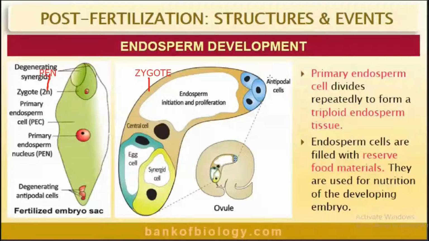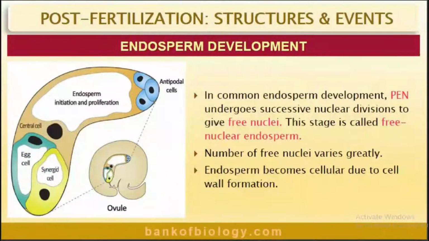Next is development of the endosperm. Primary endosperm cell divides repeatedly to form triploid endosperm. Endosperm cells are filled with reserve food materials for the zygote. In common endosperm development, the primary endosperm nucleus undergoes successive nuclear divisions to give free nuclei.